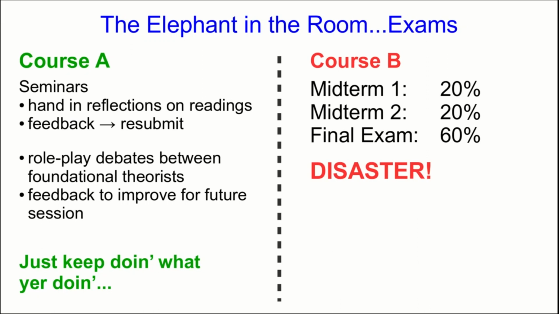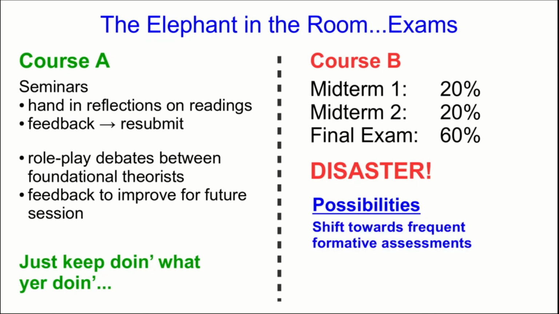Now, the evaluation scheme in Course A will only work in certain courses, so I'm certainly not saying that Course B needs to turn into Course A. But the instructor for Course B had better think of ways to reduce the reliance on exams. There are many possibilities, but they will probably all involve a shift towards frequent formative assessments, and if possible, they may involve an increased use of one-on-one assessment.